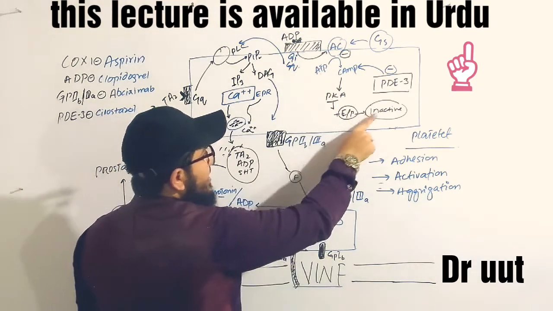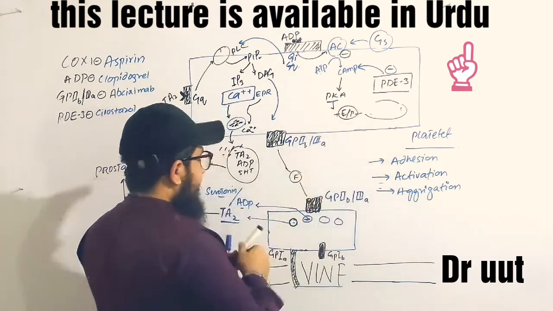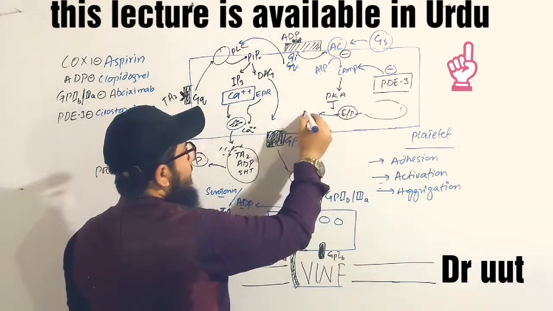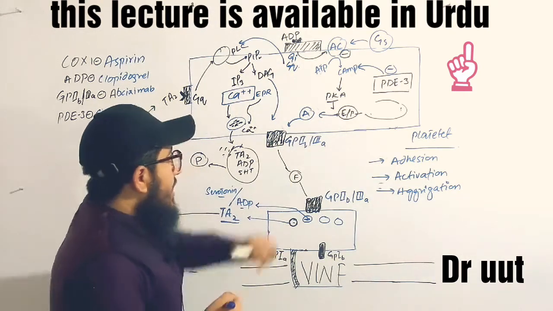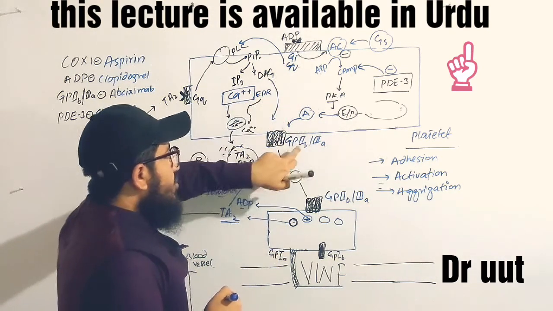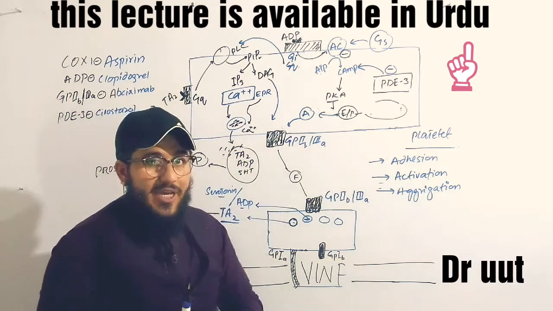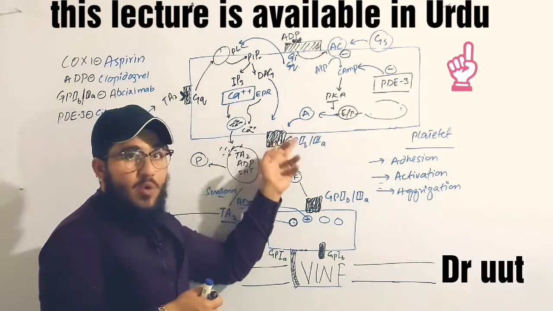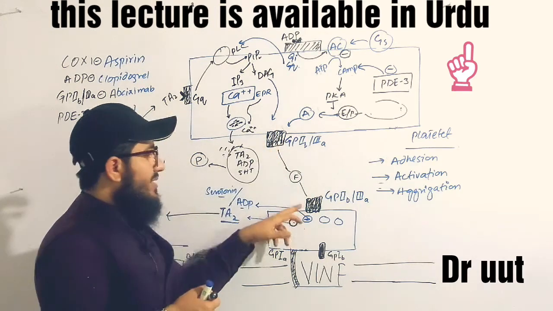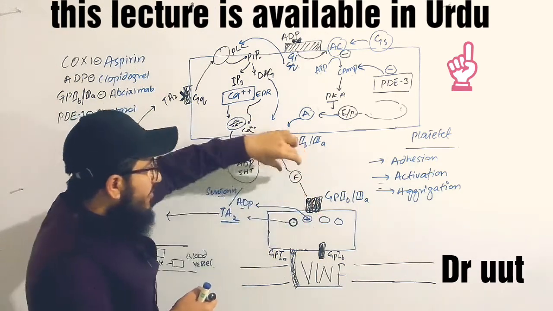So now, instead of becoming inactive, this enzyme or protein will become active, and this activated protein or enzyme will then bind to the GP2B3A receptor. It will activate this receptor. And you know, when it is activated, it is supposed to bind with another platelet because it has a receptor for that by means of fibrinogen.